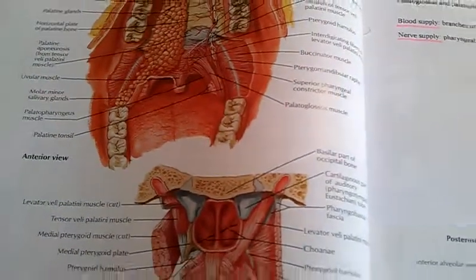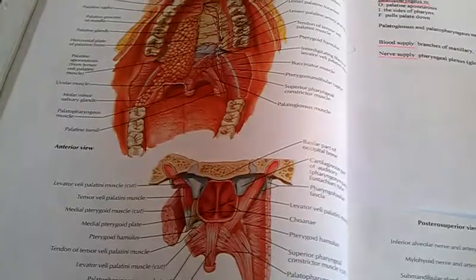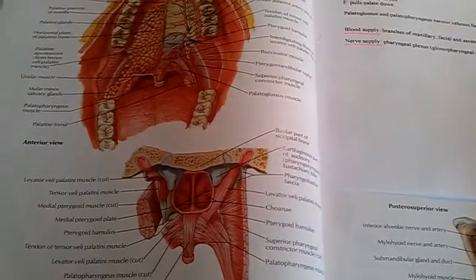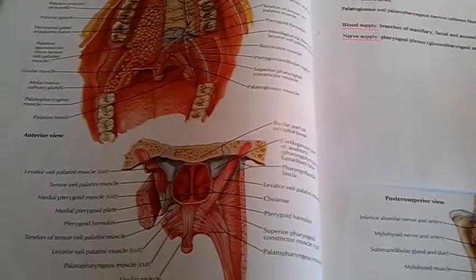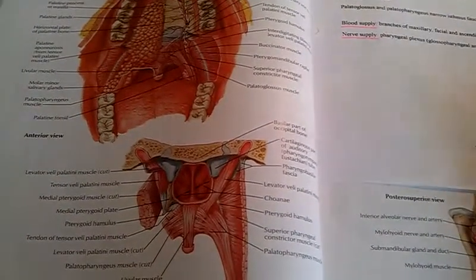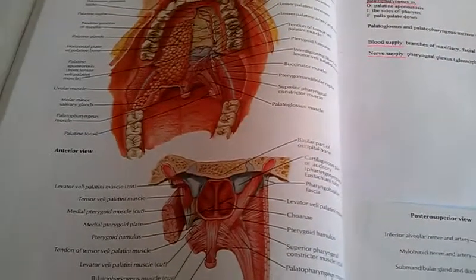Now the blood supply of these muscles is branches of the maxillary, facial and ascending pharyngeal arteries, and the nerve supply is from the pharyngeal plexus.